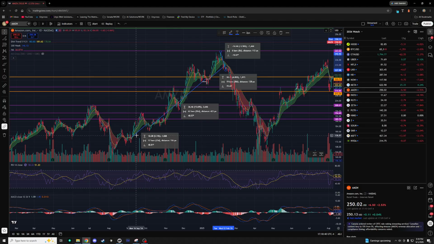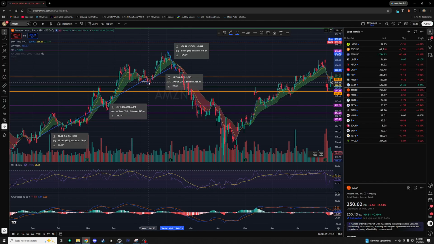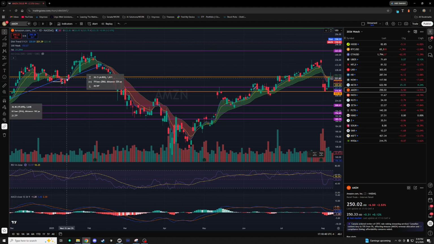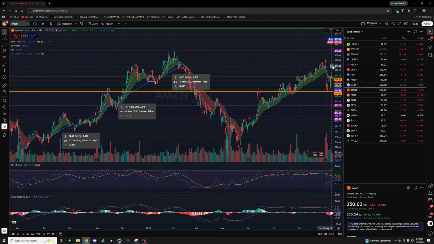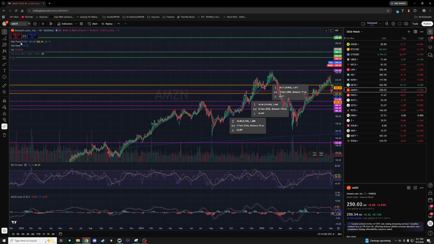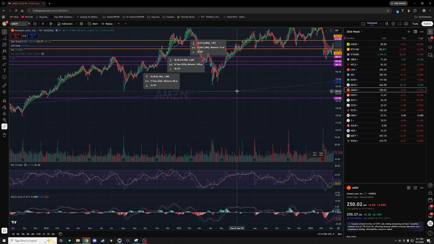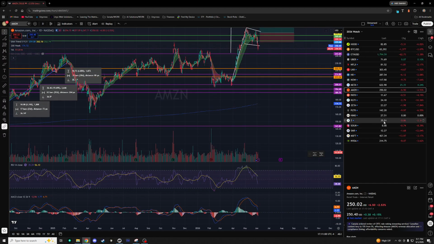If you bought in down here or here or here even, in this scenario you're still up 5%. So you gave back half of it, but you still made money and you're protecting yourself. The key is little wins compounded over time add up to market beating results. Okay? So that's Amazon.